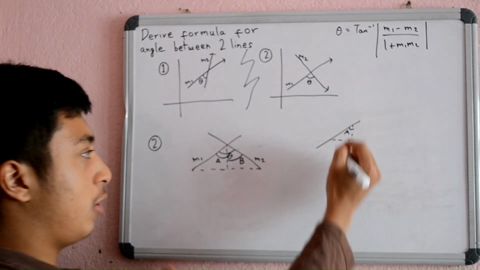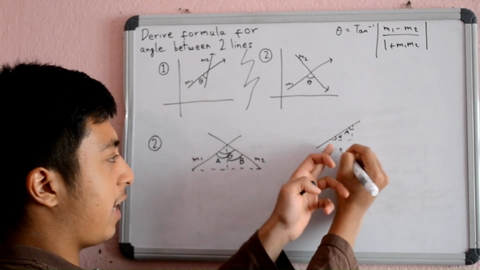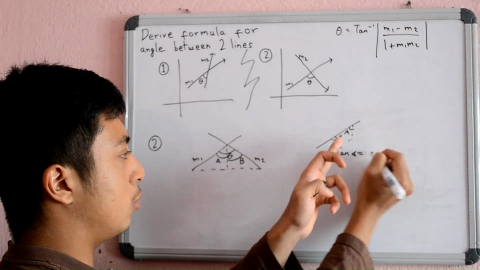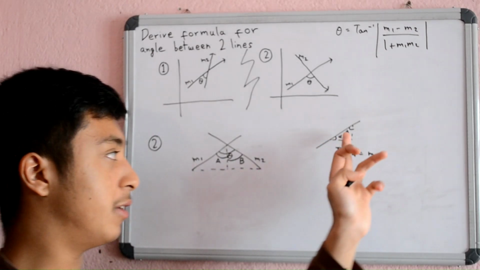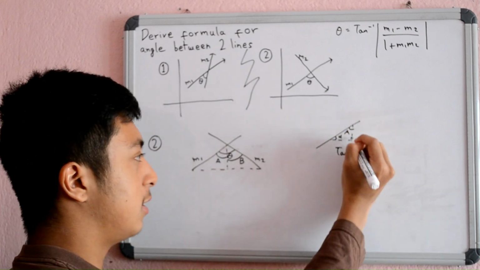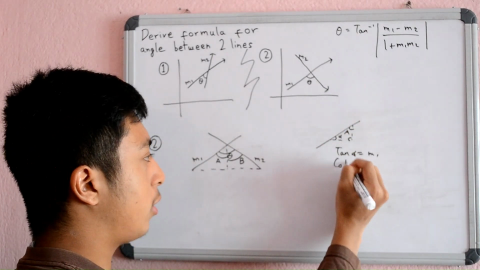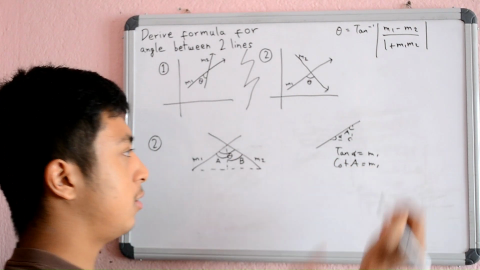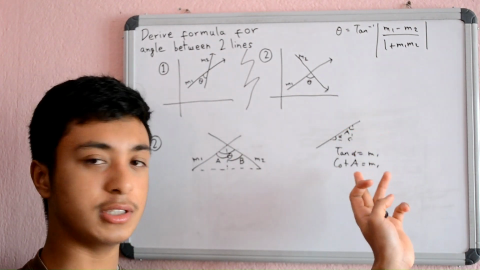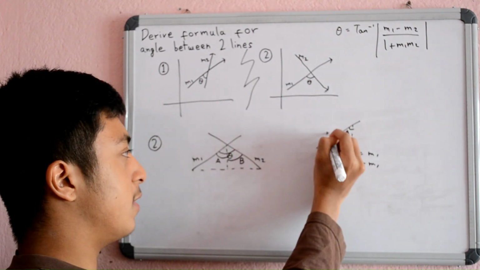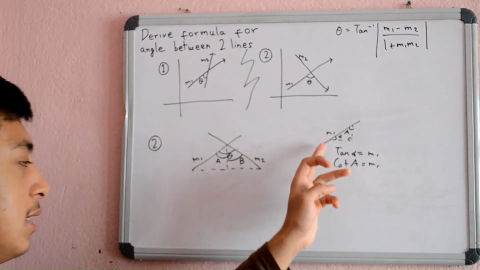But as I talked about earlier, only this angle, the tangent of this angle, will give the slope. But right here, another fact is, the cot of the above angle will give the same slope if this is slope m1, right?